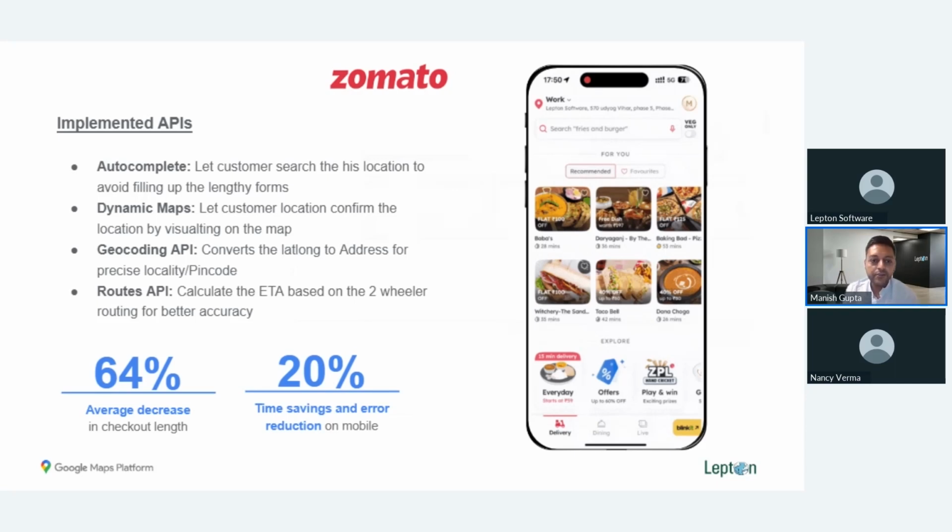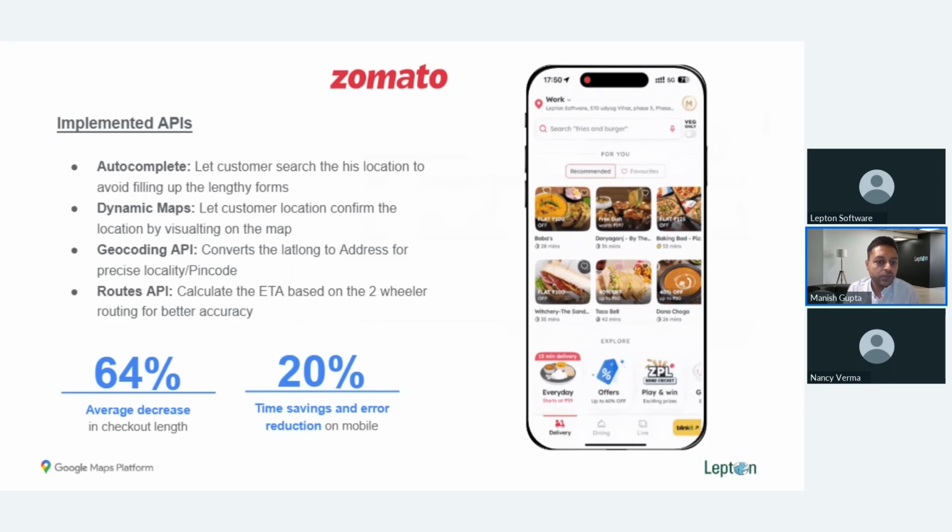The APIs implemented here are the autocomplete API, so let's say if I'm in building number 9 in Cyber City, the moment I write building 9 cyber, it will automatically pick up the address. It helps me not to fill in the entire address again. Dynamic maps at the background show a map layer, and geocoding converts the lat long into the address.